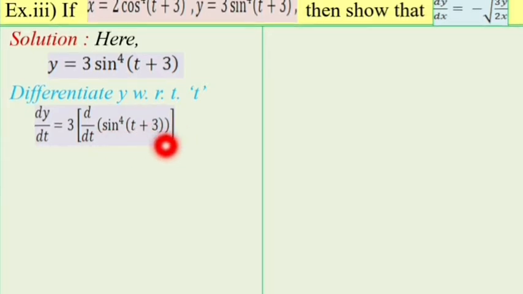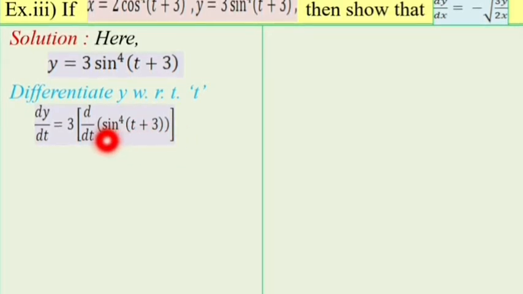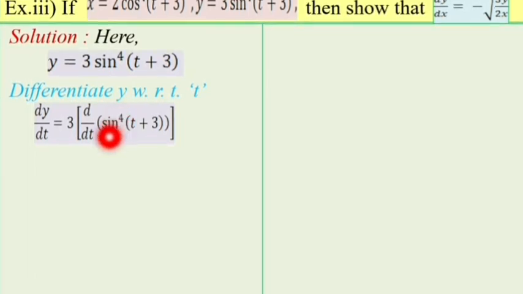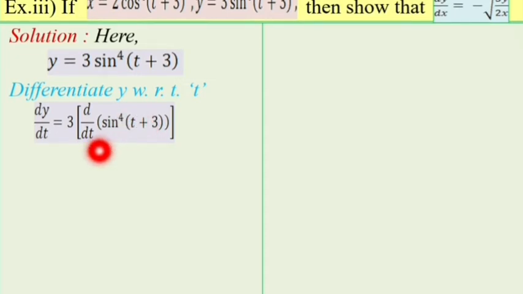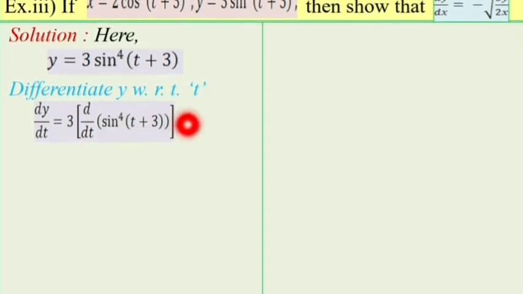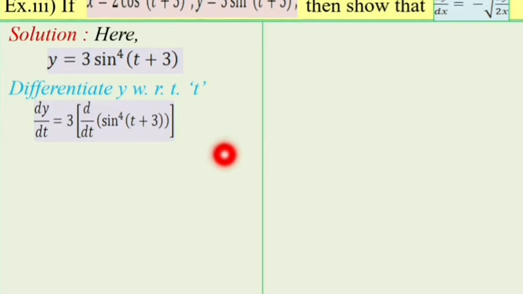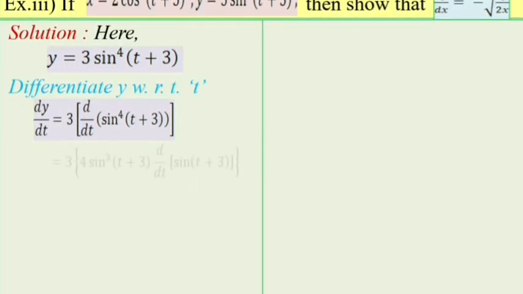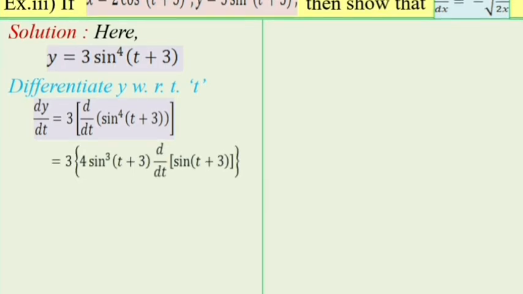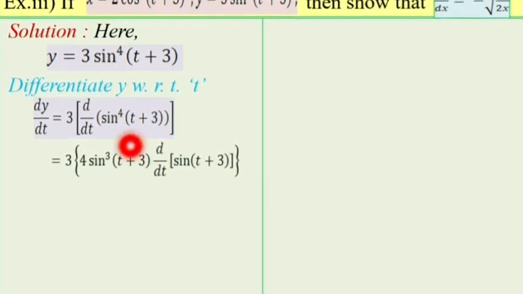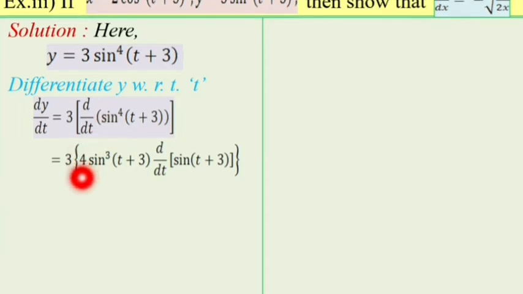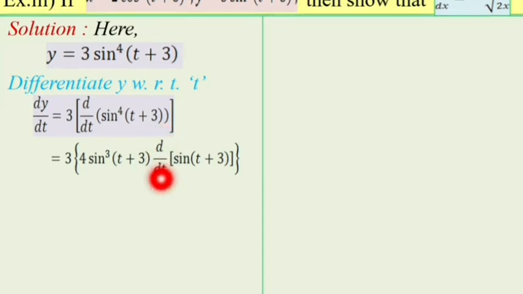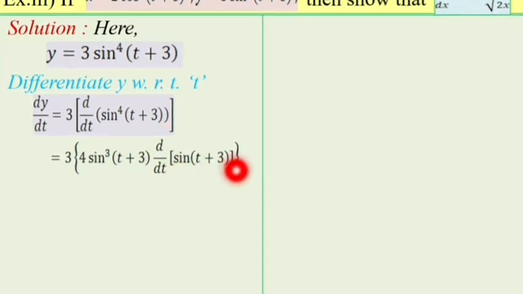Now taking this derivative, the given function is in the form of sin raised to n, therefore we know that the derivative of sin raised to n of f of x is n into sin raised to n minus 1 of f of x into d by dt of f of x. Therefore we get dy by dt equals 3 into bracket 4 into sin cube of t plus 3 into d by dt of sin of t plus 3.